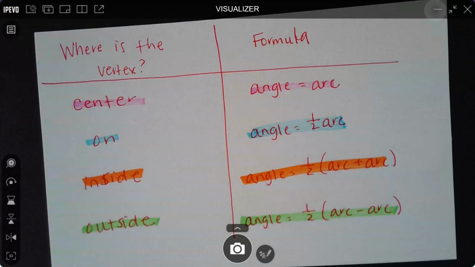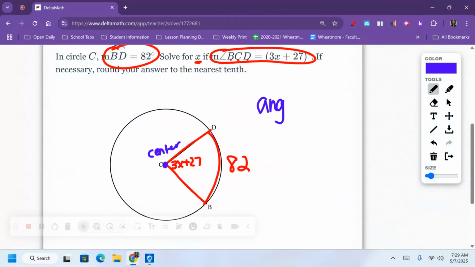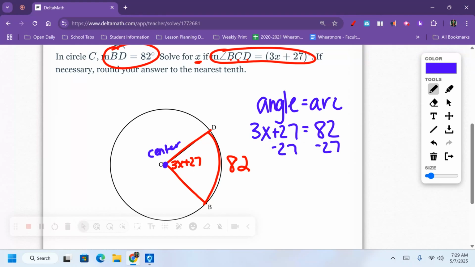So I'm going to write that down: angle equals arc. 3X plus 27 equals 82. Subtract your 27, or you can use Desmos. So that would be 57, and then divide by 3. 19.